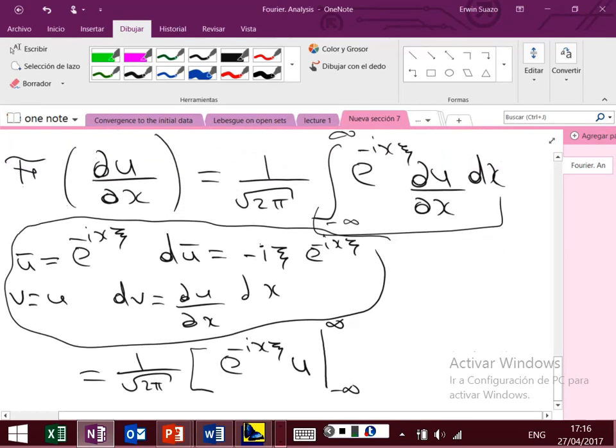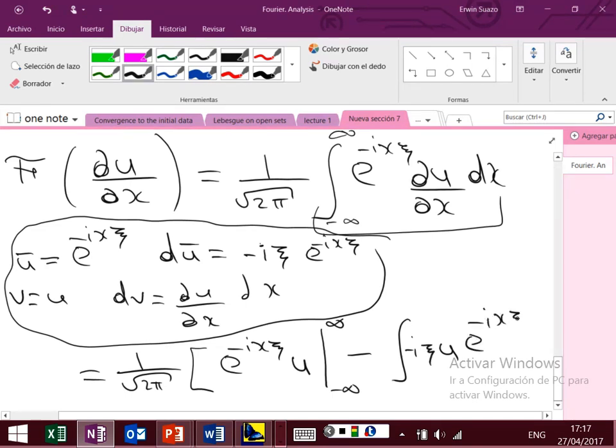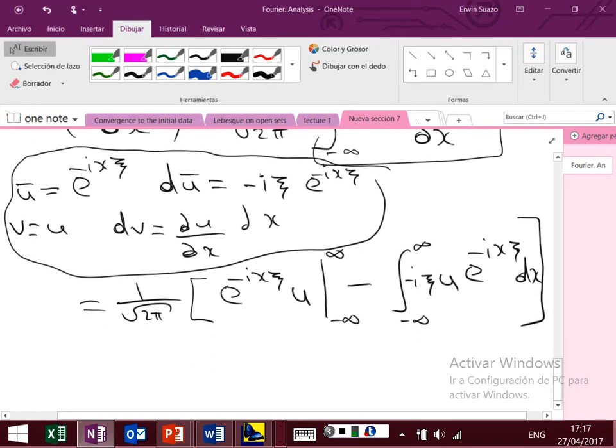Then minus the integral of v du, which will be minus i xi e to the minus i xi x dx between minus infinity and infinity. Okay, so is that right? It's just integration by parts.